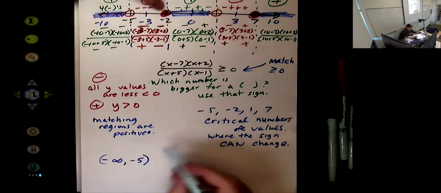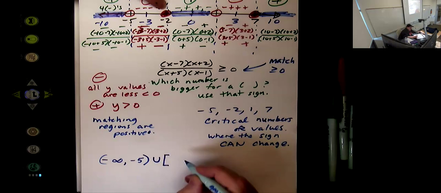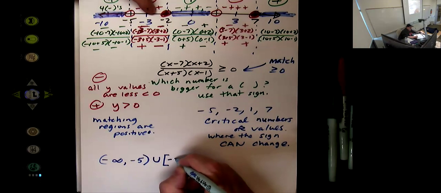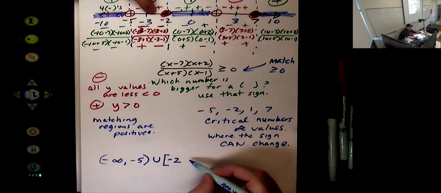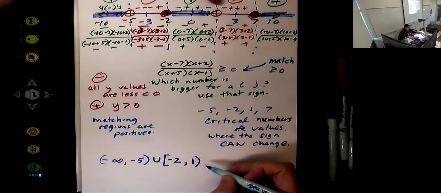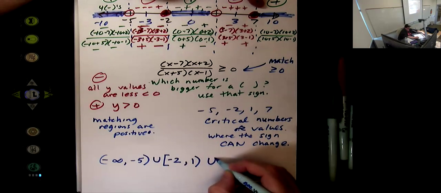We start again at -2, so we're going to do the union sign. Since we include -2, we're going to use the bracket. And we're going up to 1, but we don't include the 1. And then we start up again at 7 and we include the 7, so we're going to use a bracket.